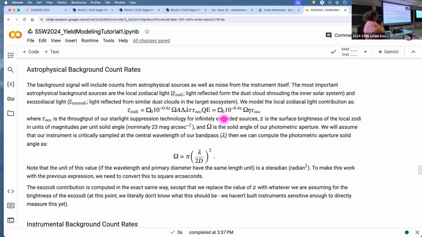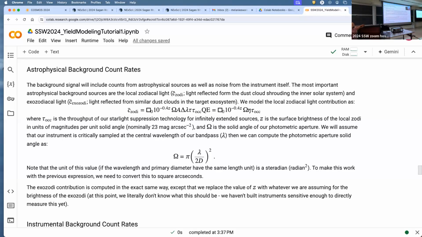It's still going to be collected by the same aperture with the same delta lambda and the throughput of the optics. And the throughput here, instead of using the core of the coronagraph, which is trying to express what happens when you have a point source, we have another thing that we call the sky transmission, which is the transmission through the coronagraph if you have an extended object like the zodi.